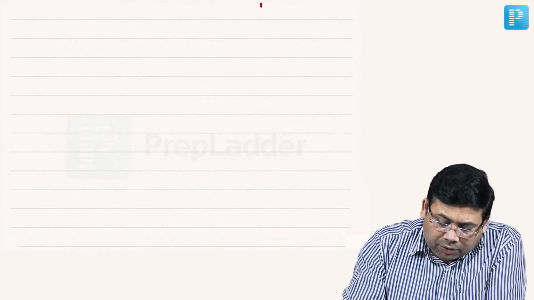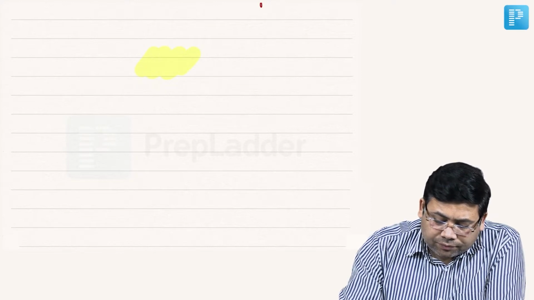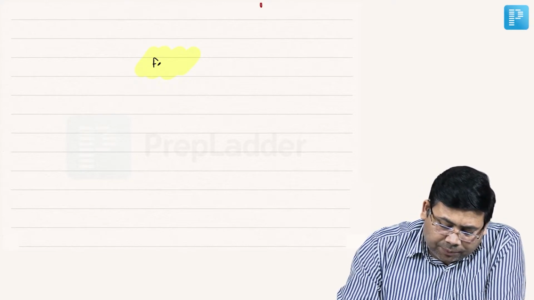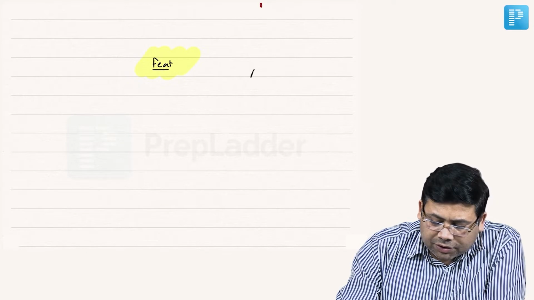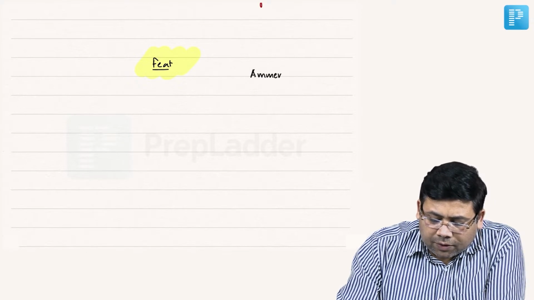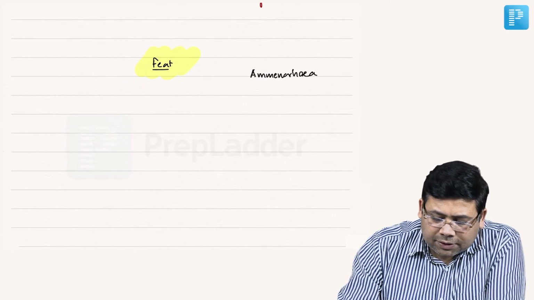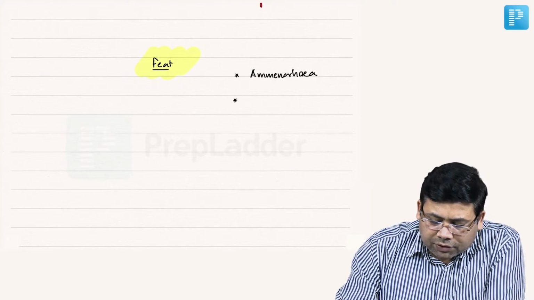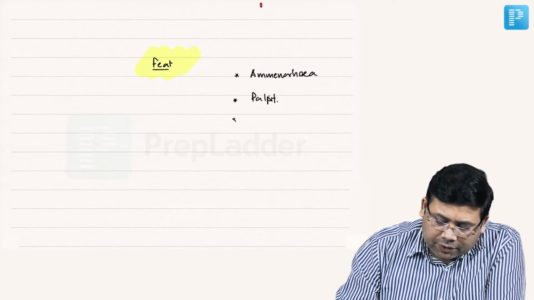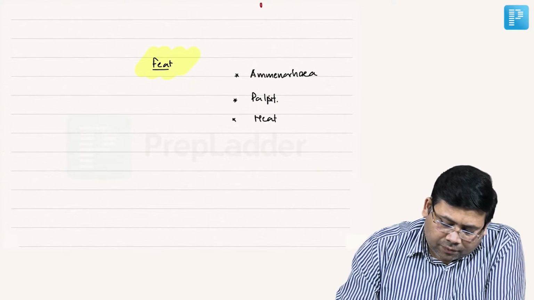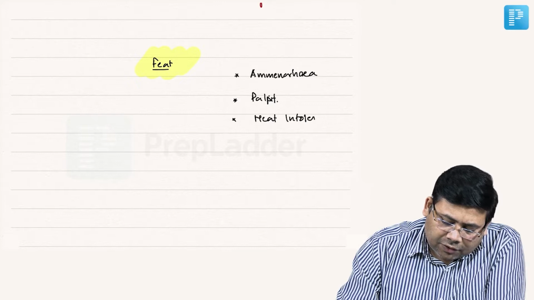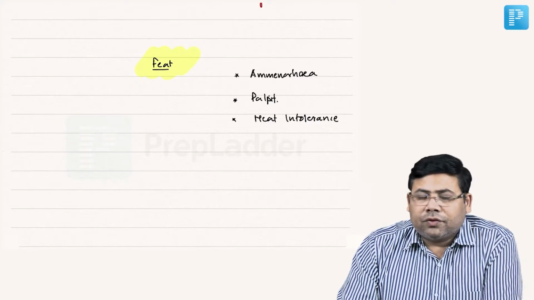So when we talk about the current scenario, the patient presents to you with amenorrhea, along with palpitations, and heat intolerance. These are classical features, and along with that, weight loss, which is not mentioned here.